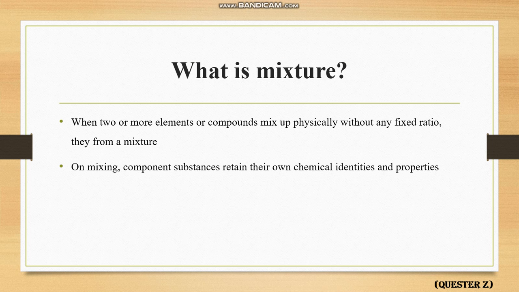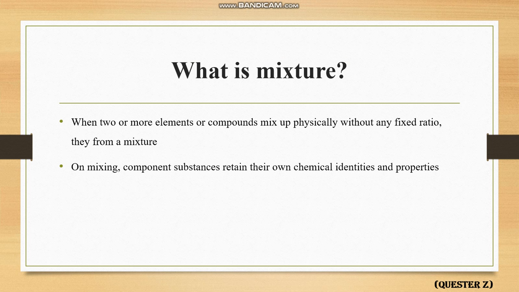For example, we have discussed the example of water in the topic compound. In water, there are two gases involved, hydrogen and oxygen. They mix up and form water, which is a liquid. So their chemical properties are lost in the case of a compound. Now here I want to quote an example of salt solution.